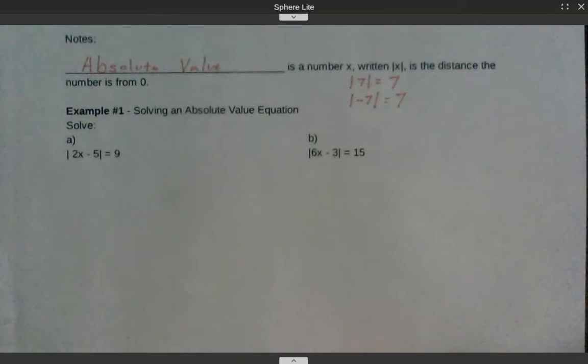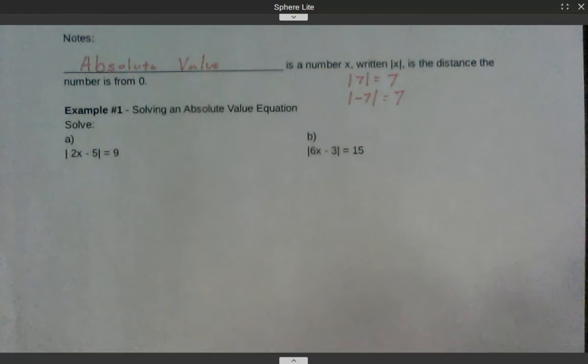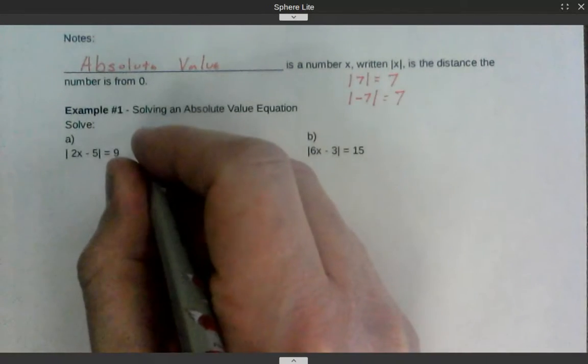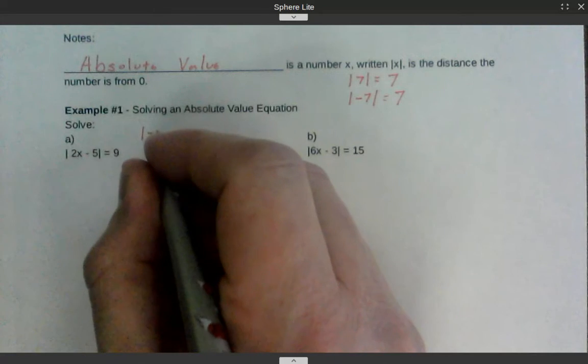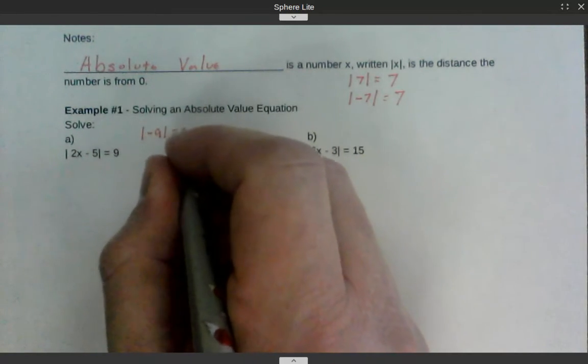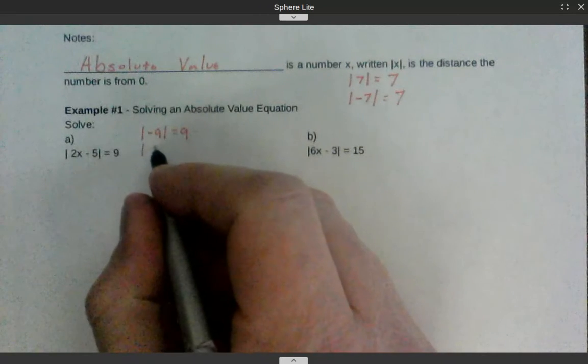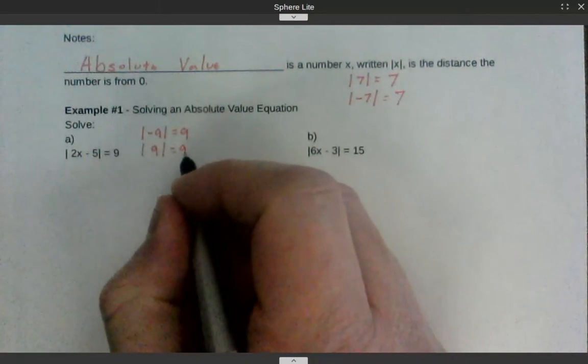Example number 1, solving an absolute value equation. When we solve something like the absolute value of 2x minus 5 equals 9, we know that we can have two solutions. The absolute value of negative 9 is equal to 9, and the absolute value of 9 is also equal to 9.